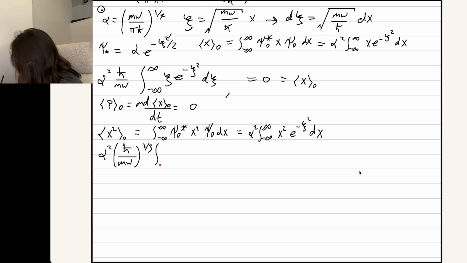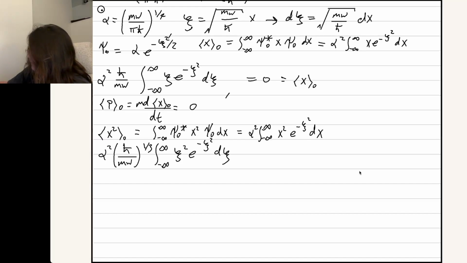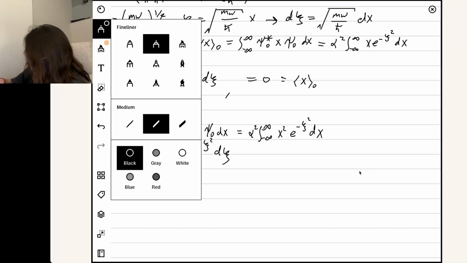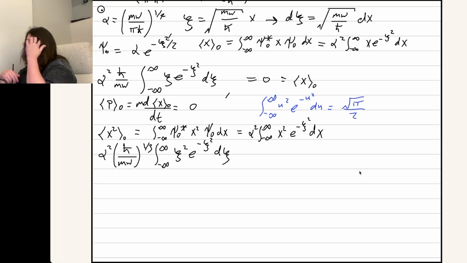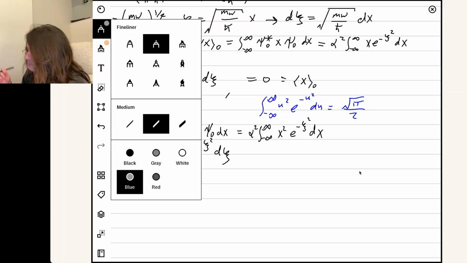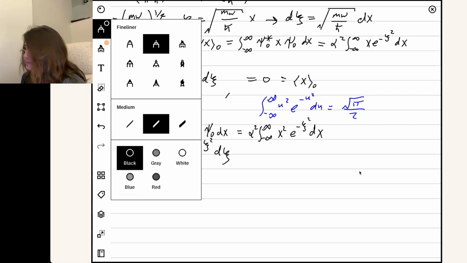And we'll have the integral from minus infinity to infinity of c squared e to the minus c squared dc. That is also a table integral. I'll just write it here. The integral over all space of u squared e to the minus u squared du is just root pi over 2. It helps that there's actually nothing in the exponent except for the variable c squared. So it is that simple.